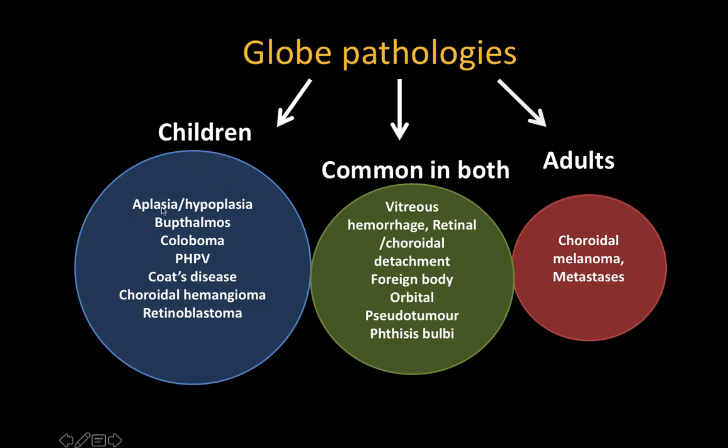In children, we see various congenital anomalies like aplasia or hypoplasia, buphthalmos, colobomas, persistent hyperplastic primary vitreous, Coats disease, choroidal hemangioma, or retinoblastoma. Whereas in the adults, we have choroidal melanoma and metastasis, which are seen exclusively in adults. Common to both includes vitreous hemorrhage, retinal or choroidal detachments, foreign body, orbital pseudotumor, and phthisis bulbi.